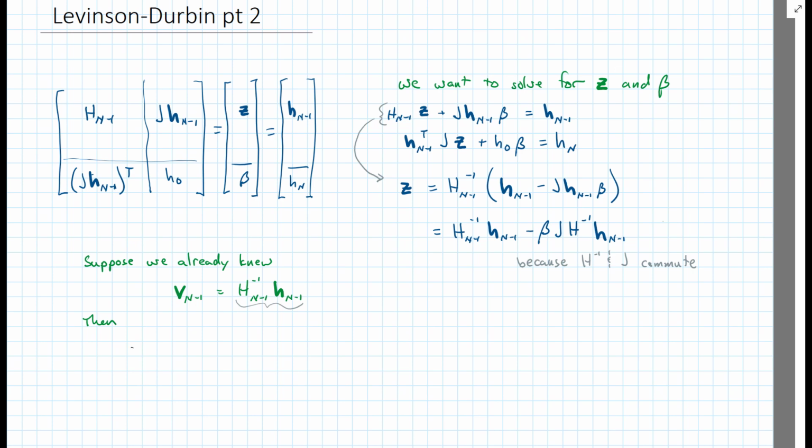from our equation that we've just developed for z, we would have z equal to our newfound v_{n-1} minus beta J v_{n-1}.